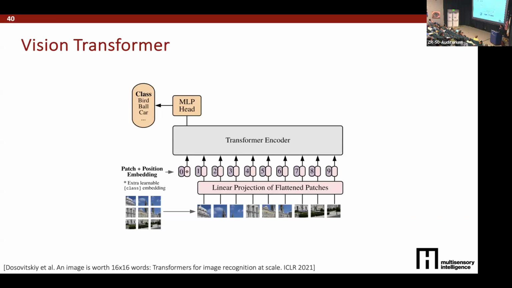Taking your data, they find that flattening it is often very useful, and through hyperparameter tuning they find that about 16 by 16 pixels is the optimal size of each image patch. You take that into a linear sequence after you flatten it out. Over here, 0 through 9 are your position embeddings.